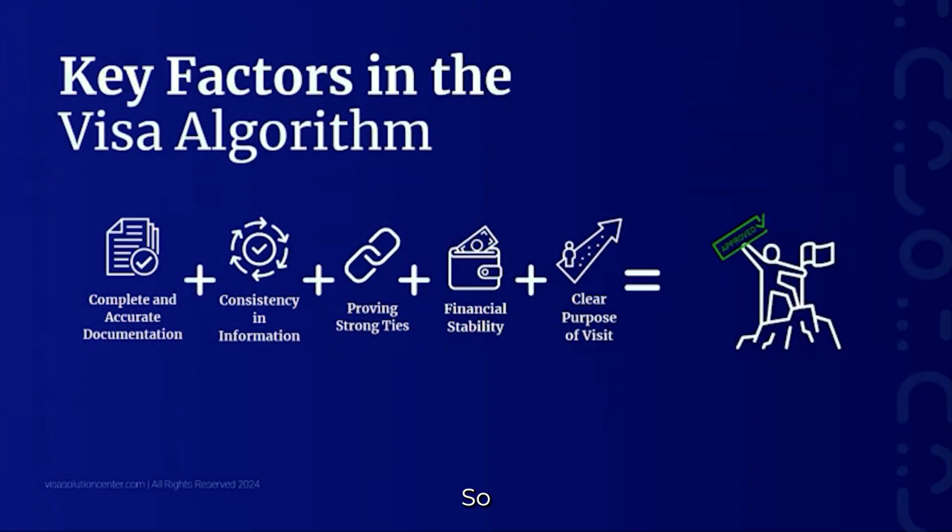So this is the algorithm that we've identified and assessed with various experts in the field of visa applications and former visa officers. These are the factors that really add towards your climb to the top of the approval list. Okay, first, we need to make sure that we have complete and accurate documentation.